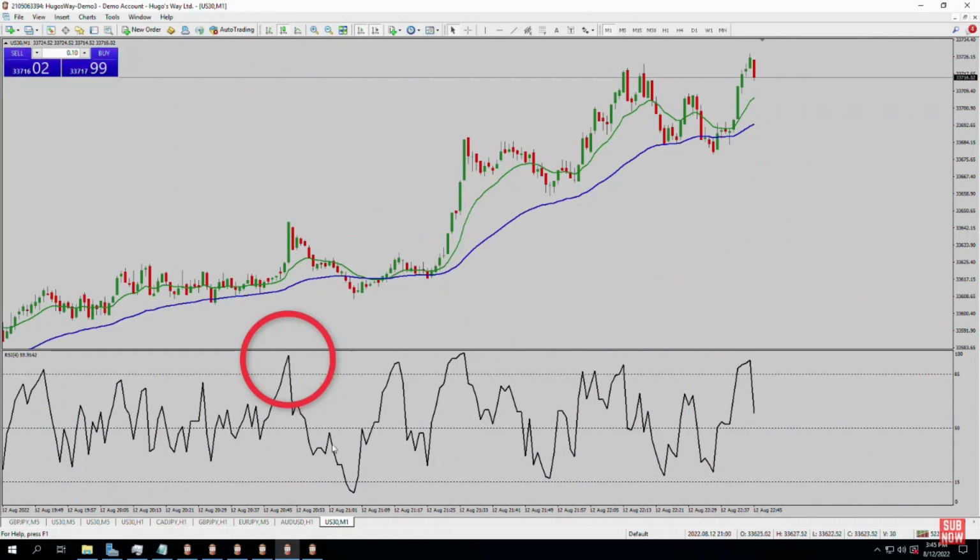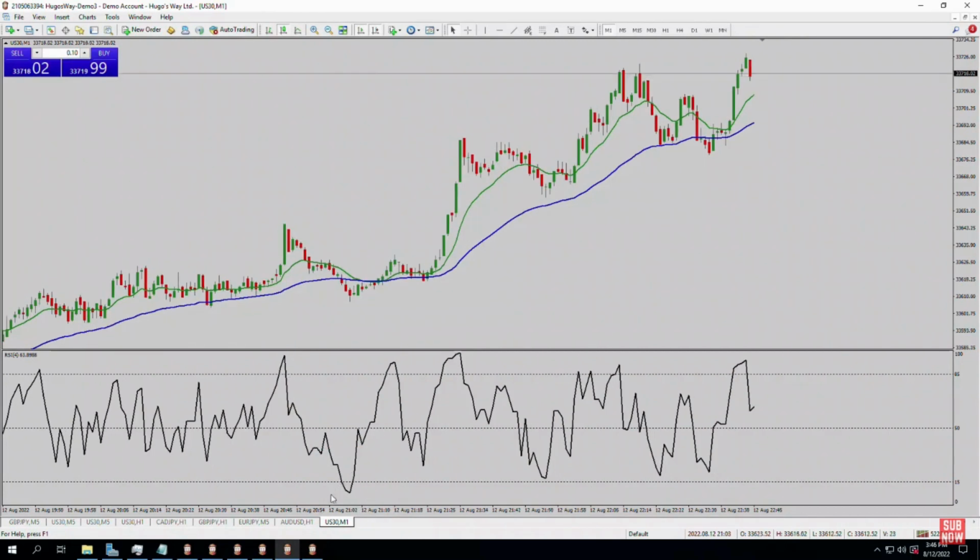It came down and down and down, and it came down into what's called the oversold area. Now, what's interesting is when the price is all the way up at the top here, that's when you sell because it's about to drop. And when it's down at the bottom here, that's when you buy because it's about to go up.